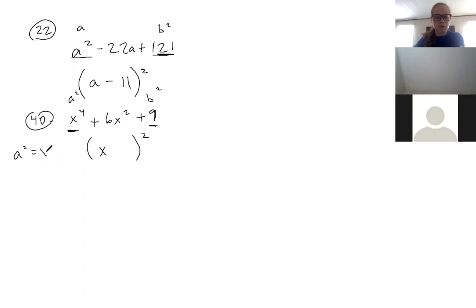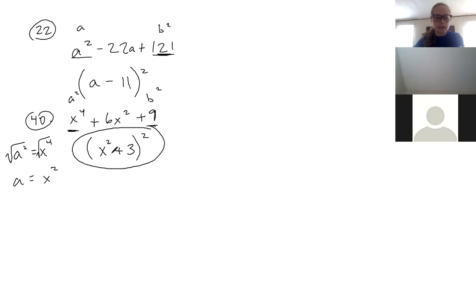If a squared equals x to the fourth, then a would be what? X squared. So you want your a value. What sign goes in here? Addition. Yes, because we're plus and plus. And what's your b value? 3. There we go. X squared plus 3 squared.